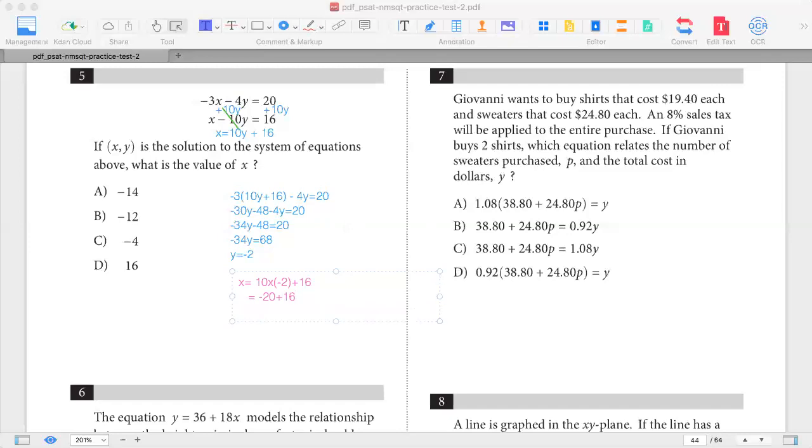So it's equal to negative 4. So my answer is C.